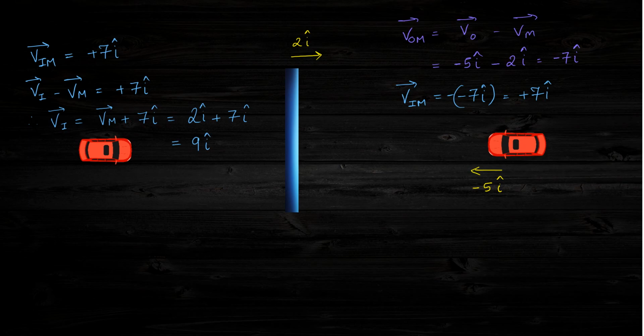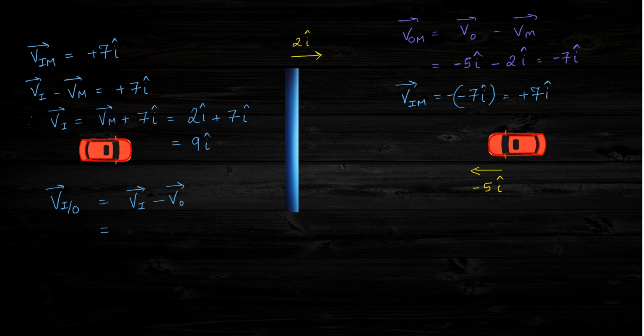So let us say the relative velocity of the image with respect to the object has been asked. The velocity of the image with respect to the object will be velocity of image minus velocity of object, according to the concept of relative velocity.